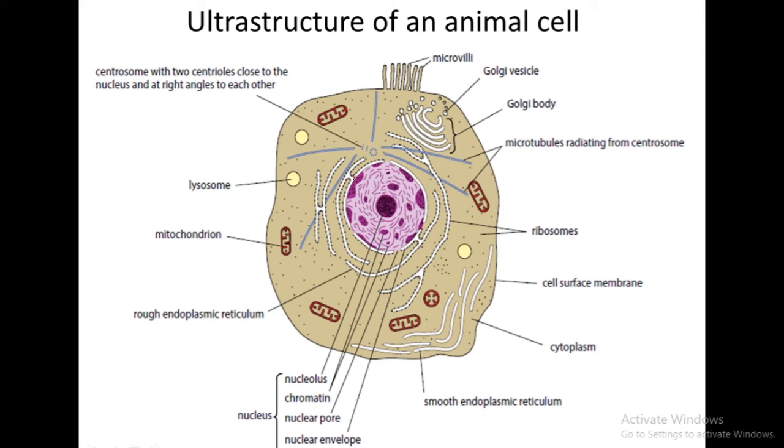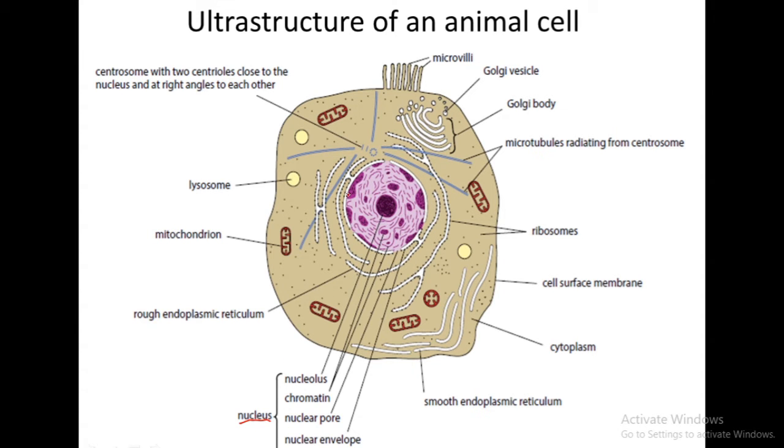The animal cell has various cell organelles, and plant cells also have similar cell organelles, but there are certain cell organelles which are exclusively present only in plant cells and not in animal cells. That we will be dealing with later on. Today we will be talking about the animal cells and the structures involved with it. We will first be talking about the first structure, that is nucleus.